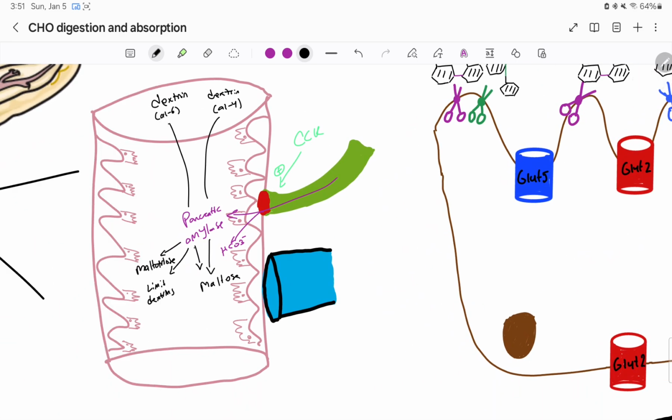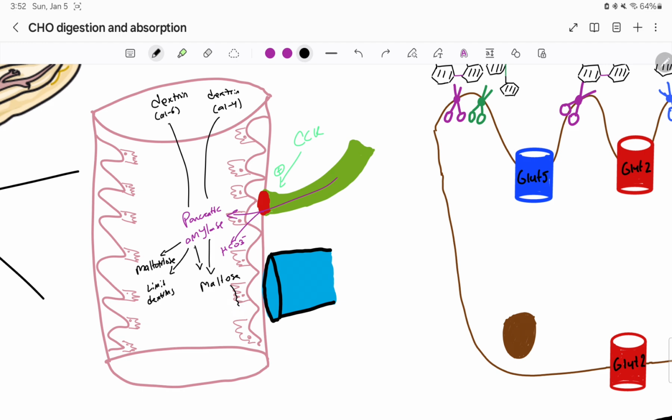So what's going to happen, basically? As the end product of digestion here at the lumen with pancreatic amylase, we made maltose, limit dextrins, and maltotriose. Cool. These guys are not going to be digested any further by this pancreatic amylase. They need to go and get digested here on the enterocyte.